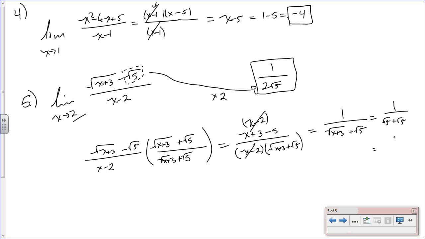It is simply 1 over 2 square root of 5. And there you go, because it is the same thing as the shortcut way. All right. But if you're not sure about the shortcut, or you just feel unsure about yourself using the shortcut, you can always do it the long way and it'll work just fine as well.